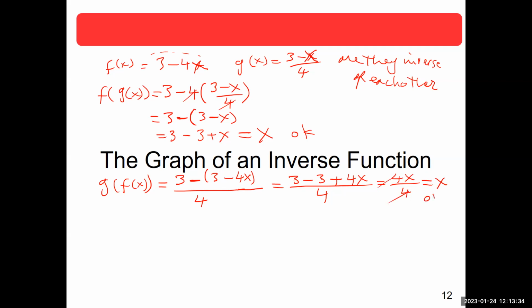Then you must say again, yes, they are inverses of each other. So this way we answered the question completely.